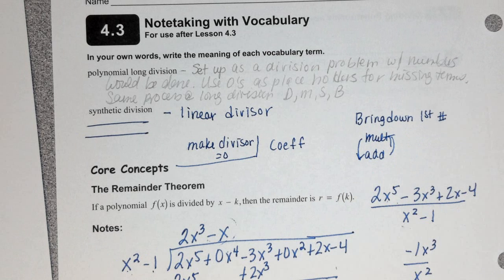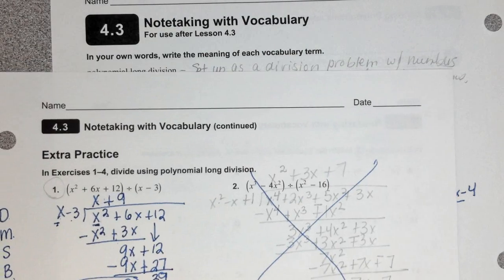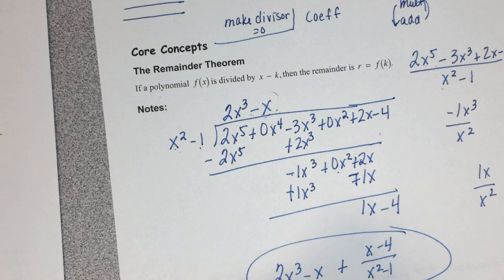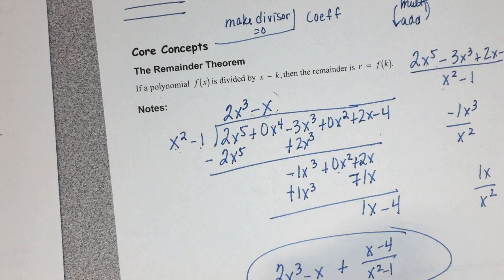The first time I do this, it might seem a little confusing, but it's so much easier than the long division I've been showing you once you get the hang of it. So we're going to do the same problem that we did just a minute ago, this number 1, but in this open note space.